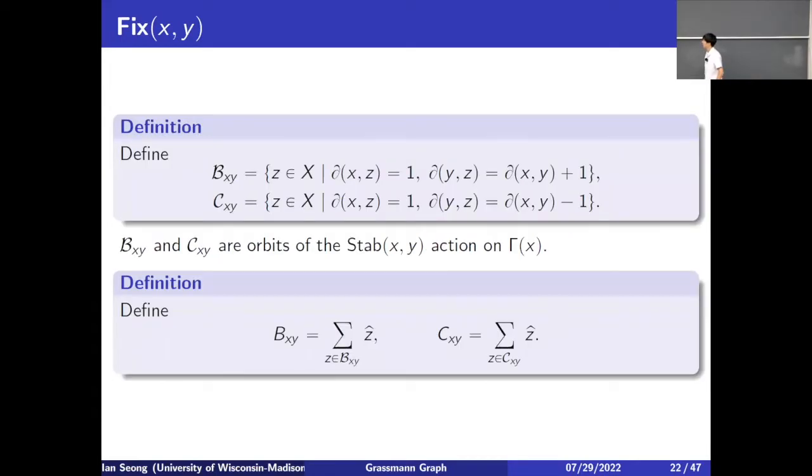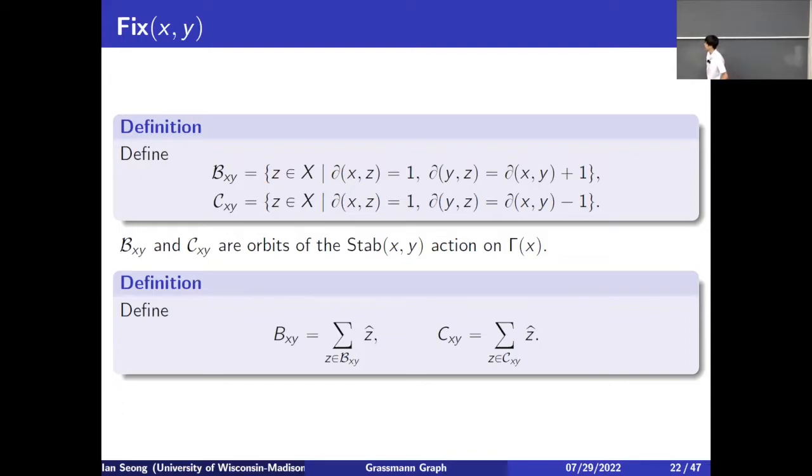Okay, so we define cal B of XY to be the set of vertices z, where z is adjacent to x and of distance I plus 1 from y. And we're going to define cal C of XY to be the set of vertices that are adjacent to x and 1 closer to y. Note that these 2 sets are actually orbits of the stab XY action on gamma of x.